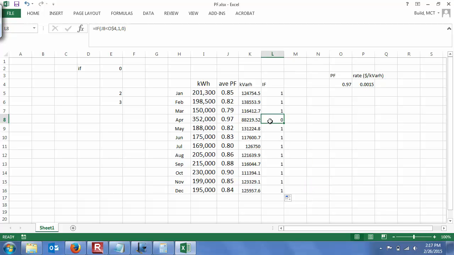There's only one month where I don't get charged because I actually had a high power factor. Charge is going to be the kVAR times whatever the cost is.